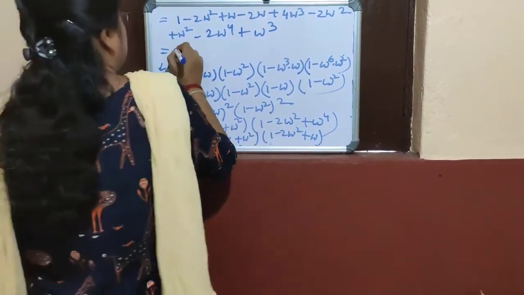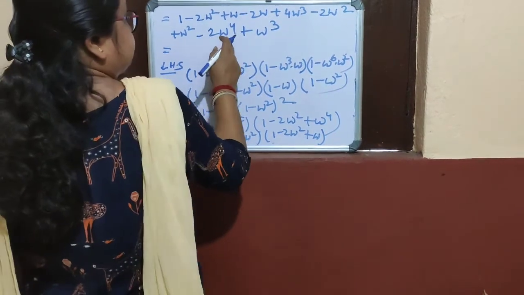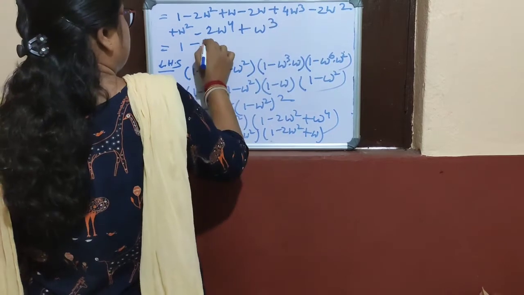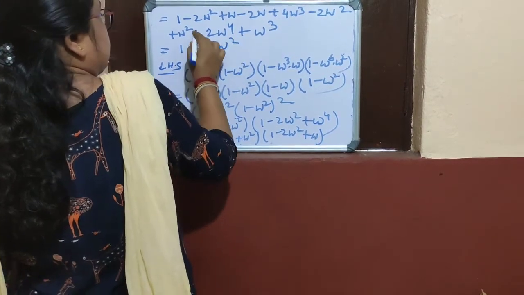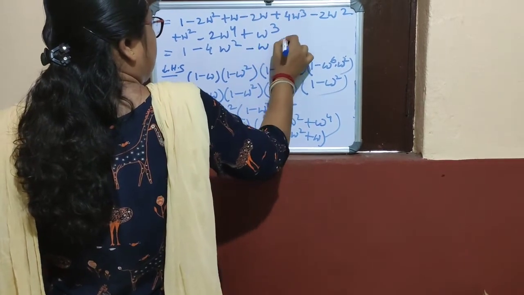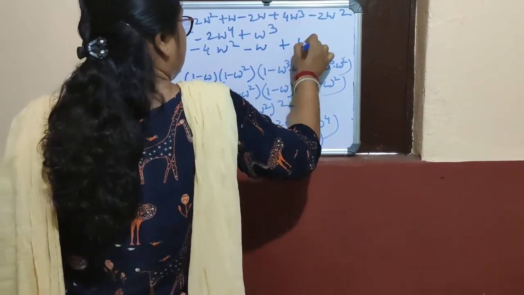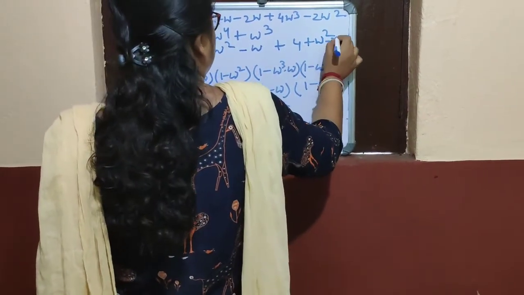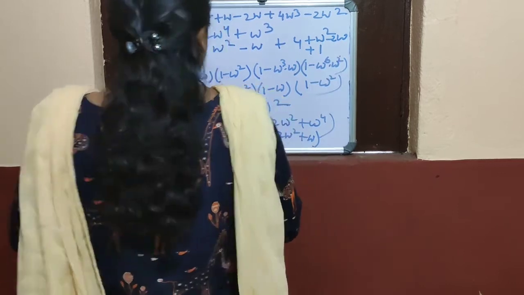This is 2 omega square. 1 minus 2 and 2 is 4 omega square and 2 omega, minus; omega cube is 1, only 4 you write, plus omega square minus 2 omega plus omega cube is 1.